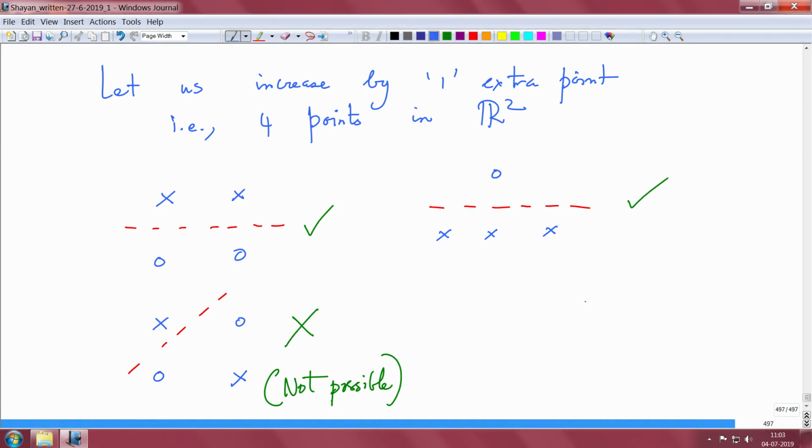And similarly, let us look at 3 points placed like this and I put a circle in between, like the centroid of an equilateral triangle. Even this is not possible because if I put a line anywhere, you can verify that it is not possible. So whichever line that you want to put to separate the points, I cannot shatter these 4 points.